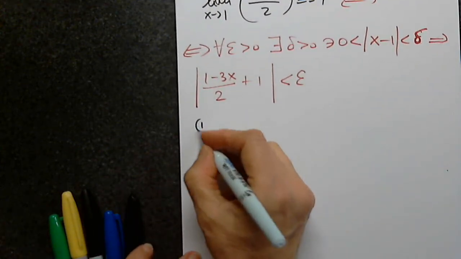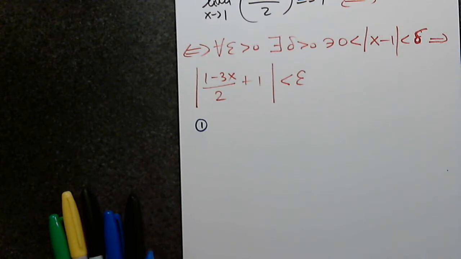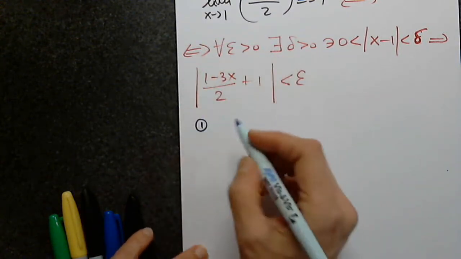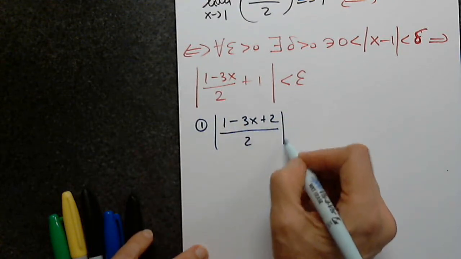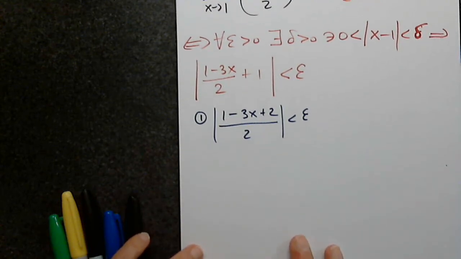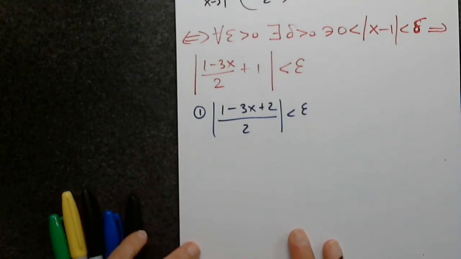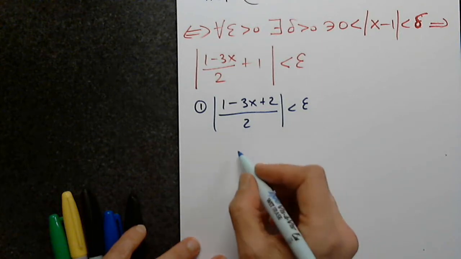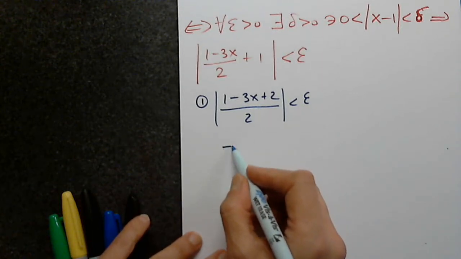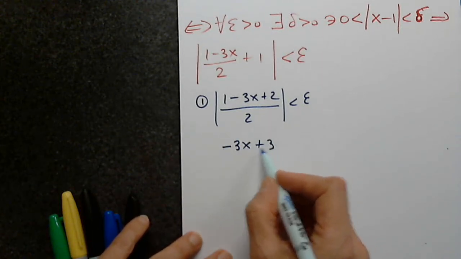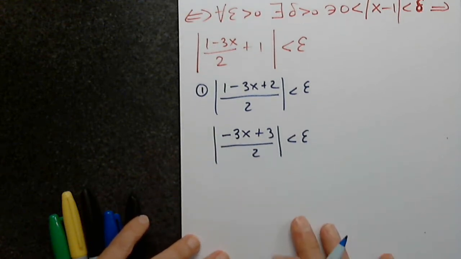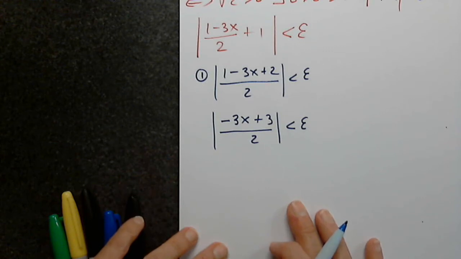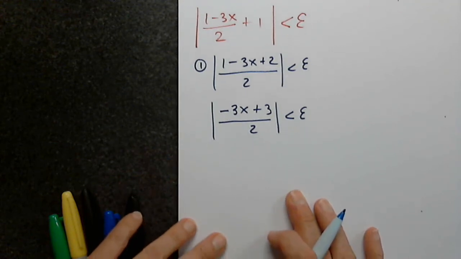So first step, where do I start? You have to get that. Very good. The absolute value of 1 minus 3x plus 2 over 2 less than epsilon. Then multiply by 2: the absolute value of negative 3x plus 3 divided by 2 less than epsilon. Then we are using the property of absolute value.